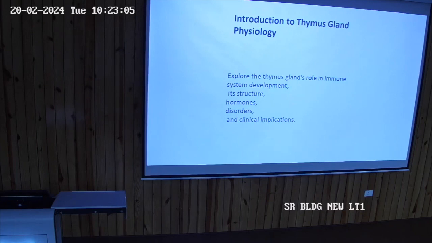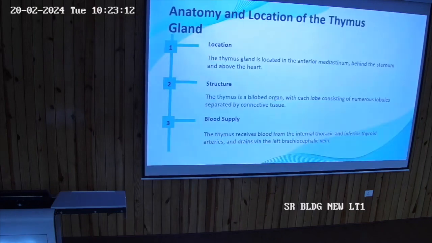Where is it present? In the mediastinal cavity, okay, just slightly above the heart, in between your two lungs, okay, they are present in a bilobed structure, and at the time of birth and till the age of puberty. क्या हुआ?